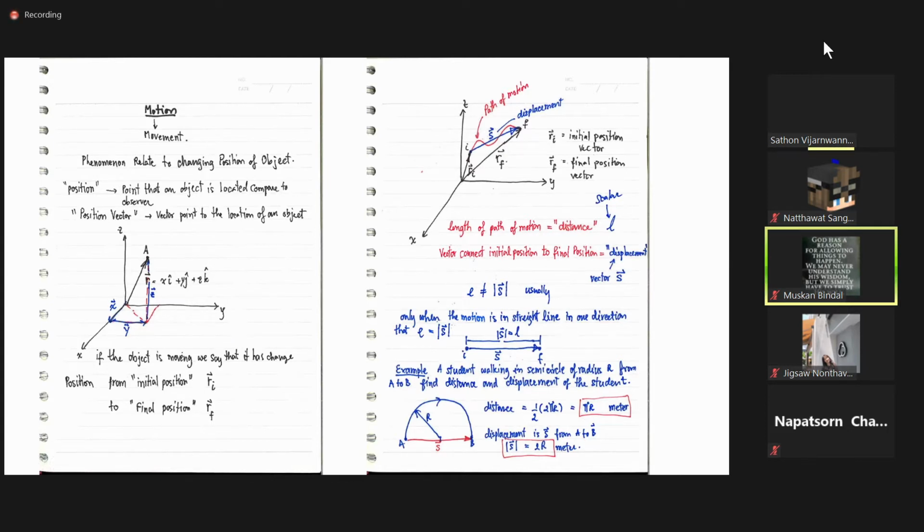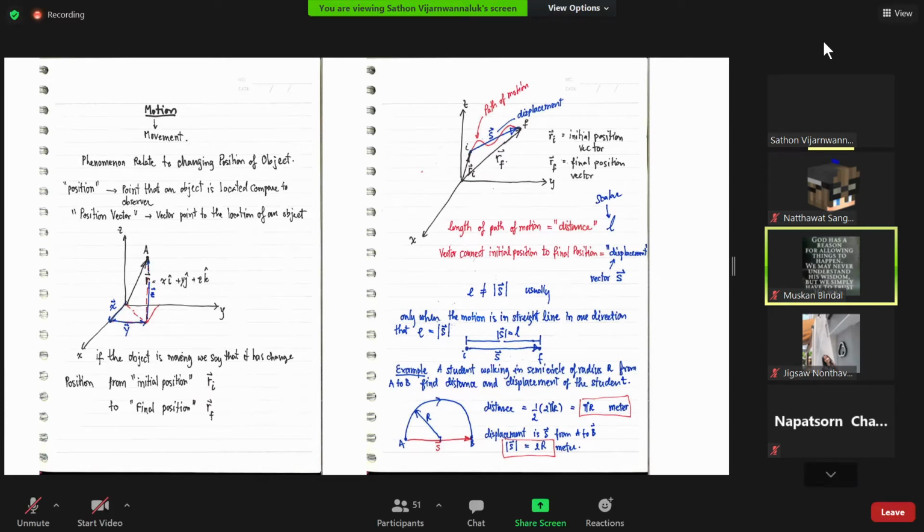But the displacement is actually the length of the diameter from starting point to ending point. So the magnitude of the displacement is 2r, while the distance is pi r, which is longer.